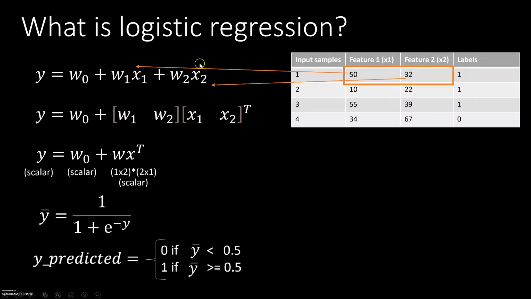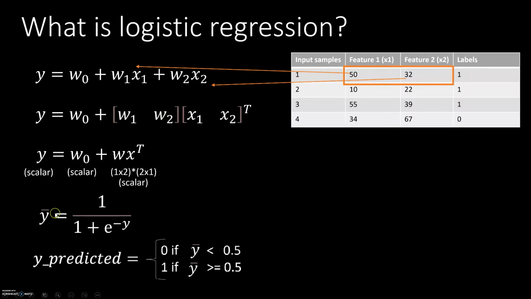To derive logistic regression from linear regression, we take this Y and pass it through a sigmoid function, which is 1 over 1 plus e to the power negative Y. When we pass it through a sigmoid function, what we get is y bar, which is a number between 0 and 1. It is essentially the probability of the model's prediction.